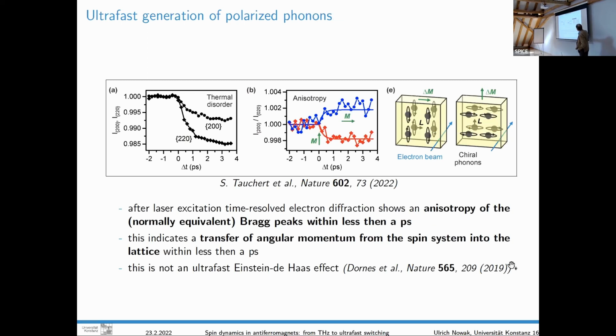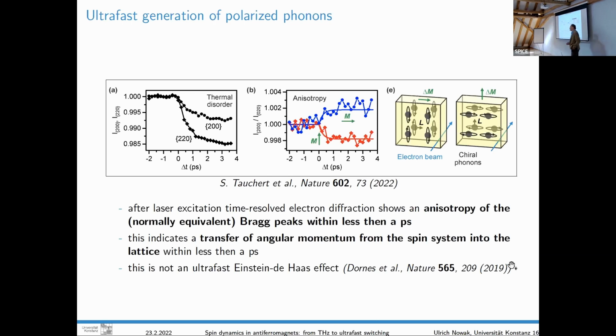The electron beam comes from here. Because of this polarization of the phonons, you get an anisotropic contribution to the broadening of the Bragg peaks. And that's the measurement here. It is even quantitatively equivalent to our simulation forecasts. It's a small effect, but it's there, and it's amazingly quick. It takes only some 100 femtoseconds, the time scale of the demagnetization.